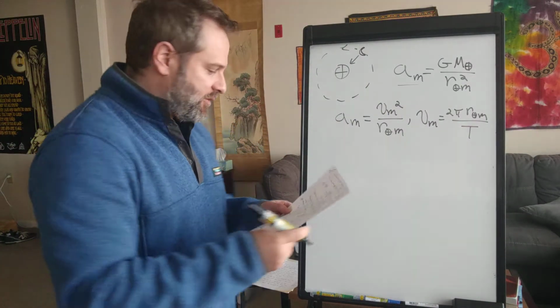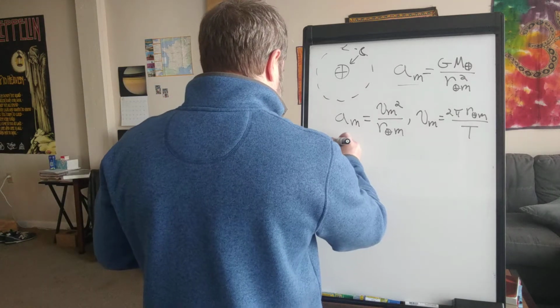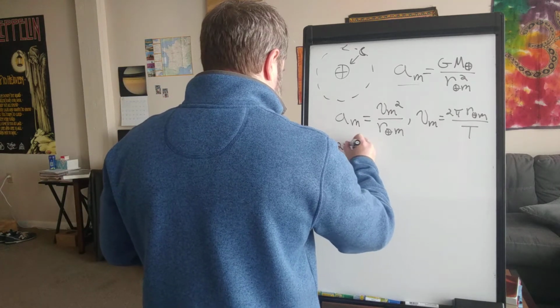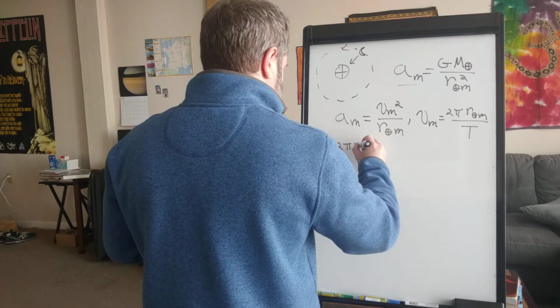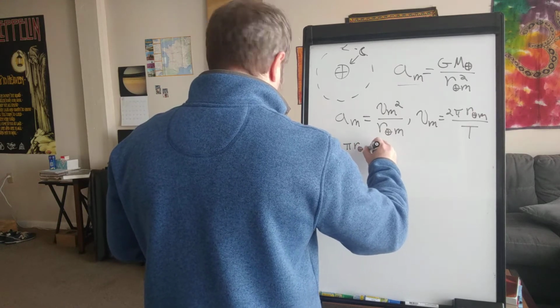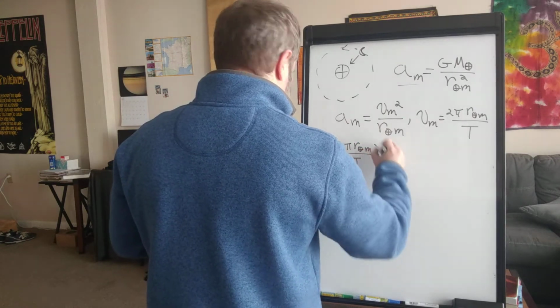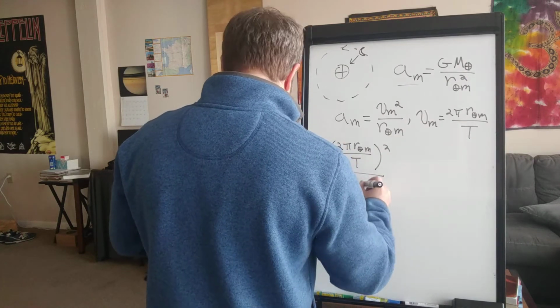Okay. So now we equate these two things. 2 pi r over T, squared.